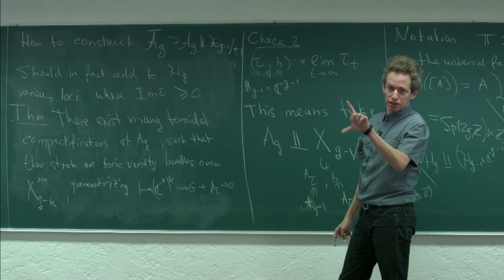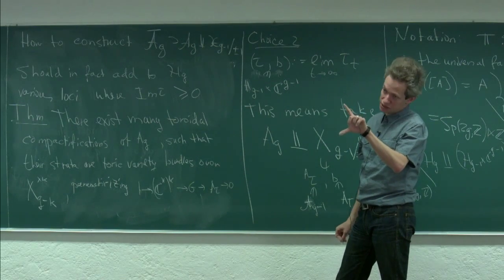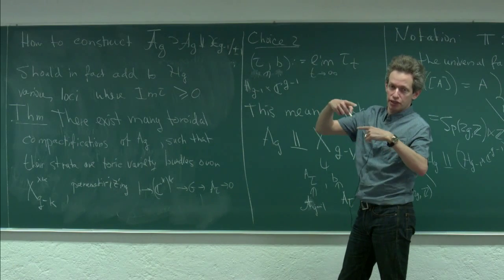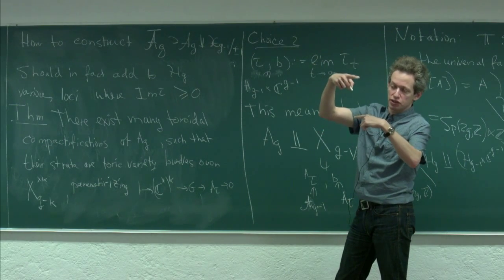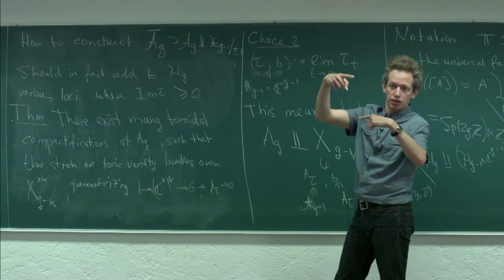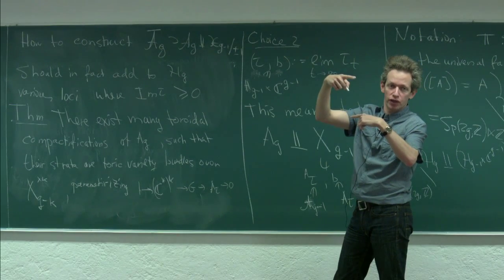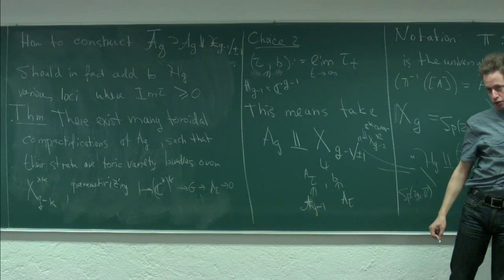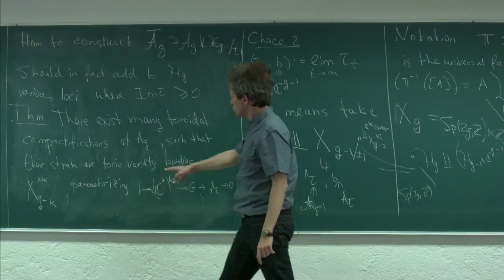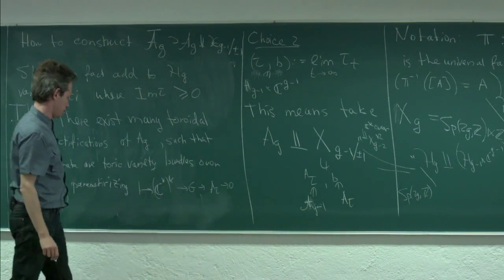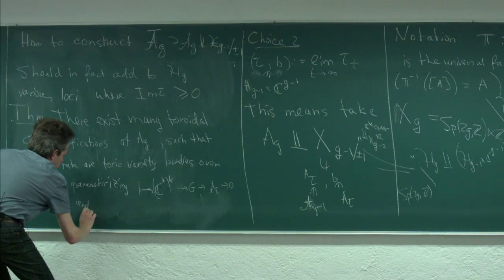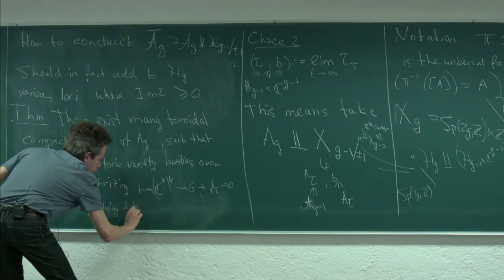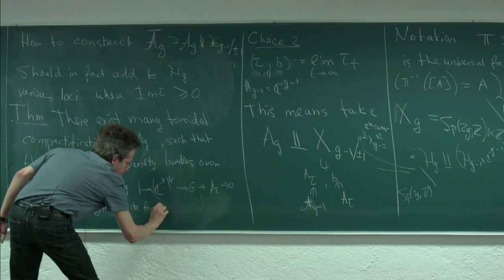And on P1, it's very easy to identify 0 and infinity. You identify 0 and infinity. On P1 squared, you want to identify the 0 section in one direction with the infinity section in the other direction. And these are each a copy of P1. And you're identifying them with multiplication precisely by this x. This is the role that x plays. So the toric variety is somehow a glue-in data for compactifications of this.